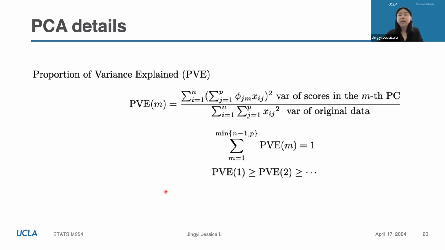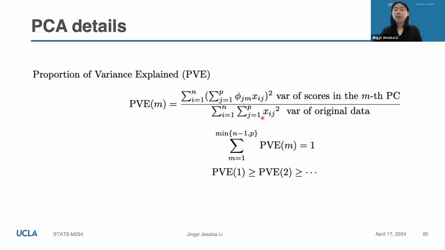And how do we evaluate the PCA results? The most important criterion is the proportion of variance explained. So for each PC, we can calculate what proportion of the original data's variance is explained by it. So we have this ratio. The denominator is just the total variance of the original data.